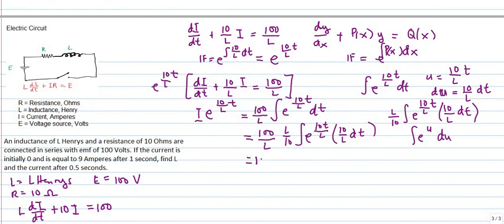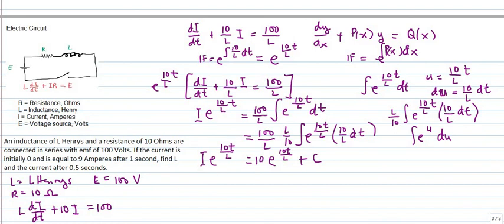So we have here 10 e to the u, which is e raised to 10t over L. Of course, we have here plus c. So I am rewriting this one as I times e raised to 10t over L.